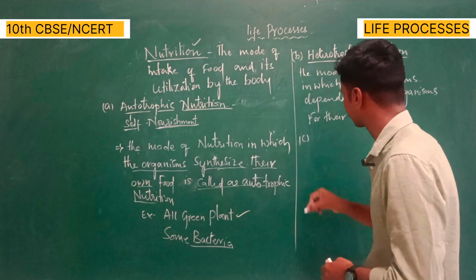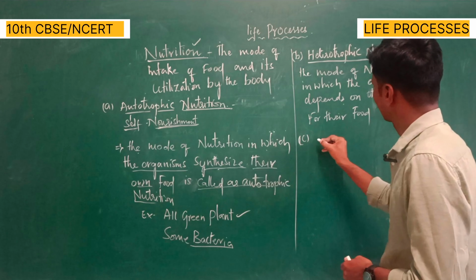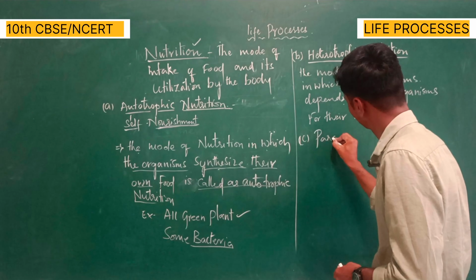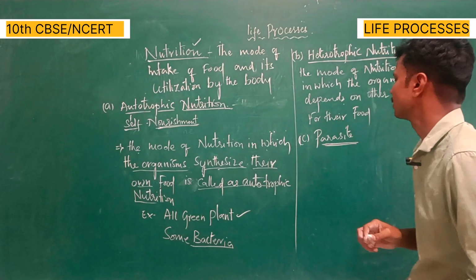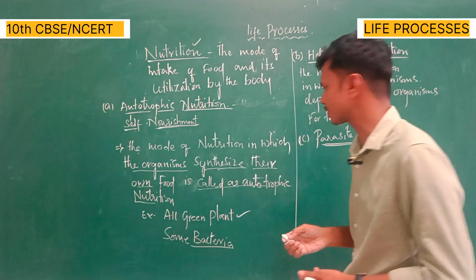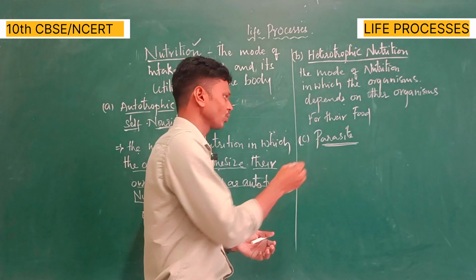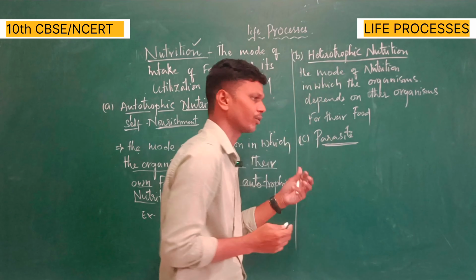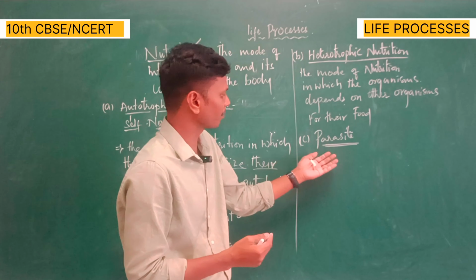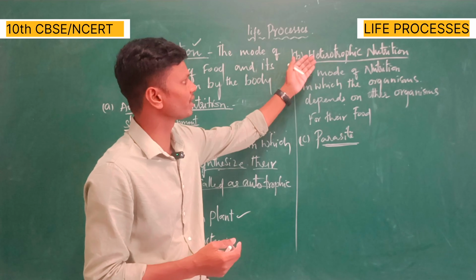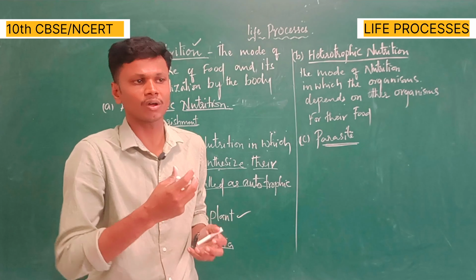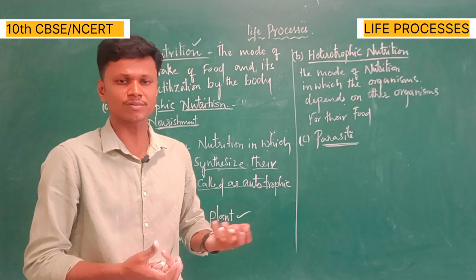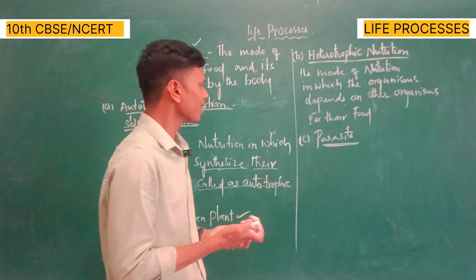The next is parasitic nutrition. As I told, it comes under the heterotrophic mode of nutrition only, because it depends on others. Here hetero means different, troph means nourishment, so it depends on different organisms for its nourishment.